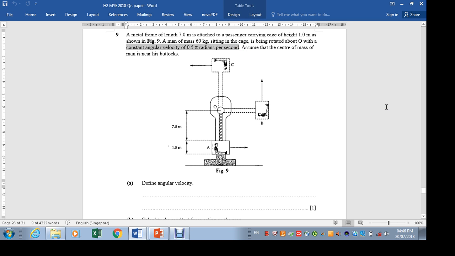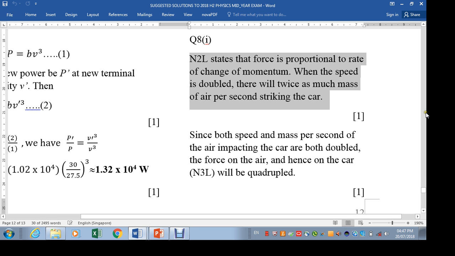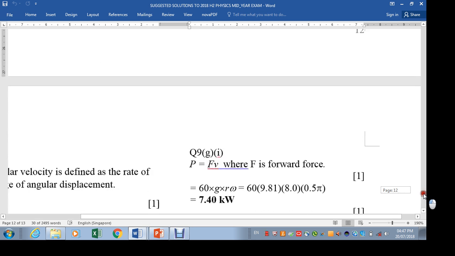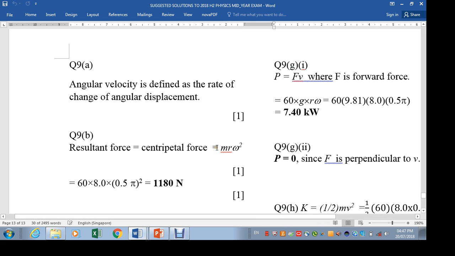It means that the net force on the man must be constant, and that is what you are calculating. So using mv squared over r or mr omega squared, we can find the answer. In this case, you are given the omega. That's why you use mr omega squared.